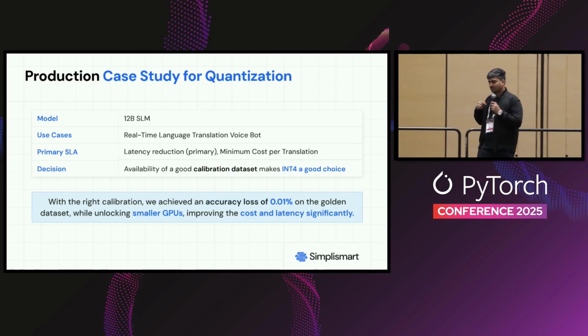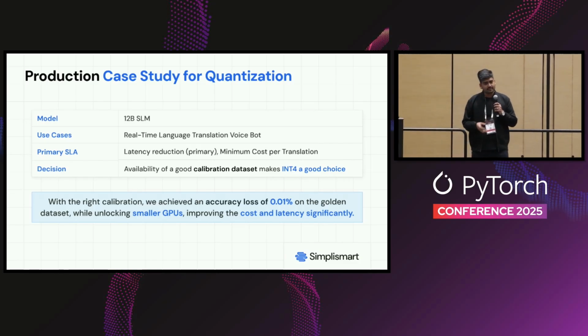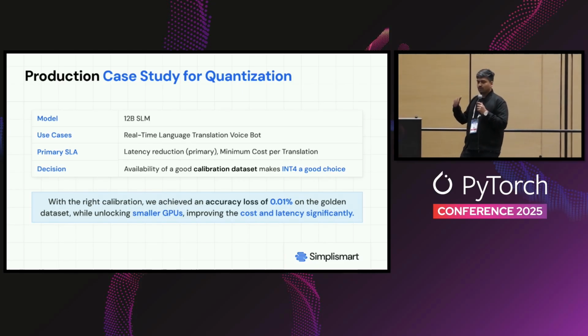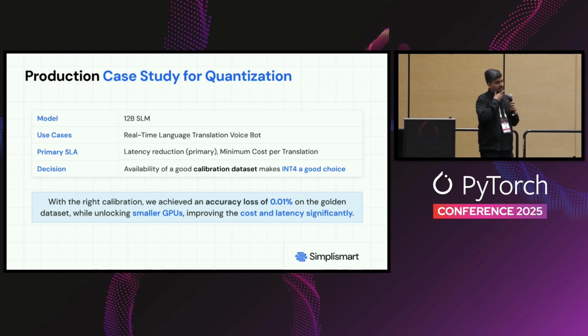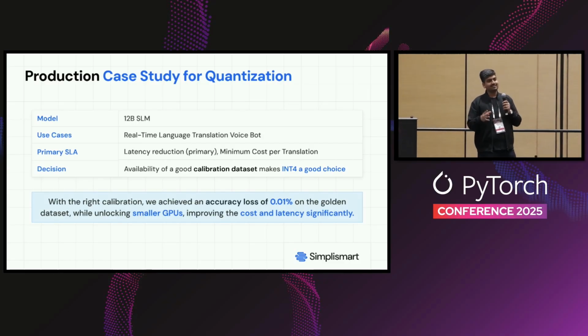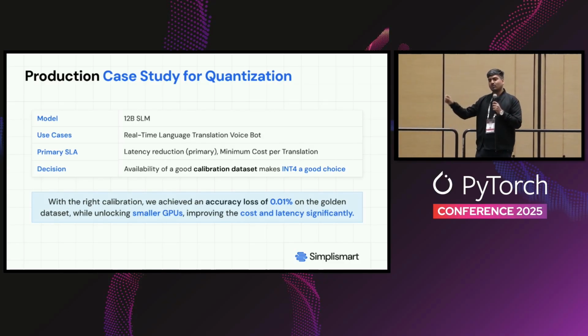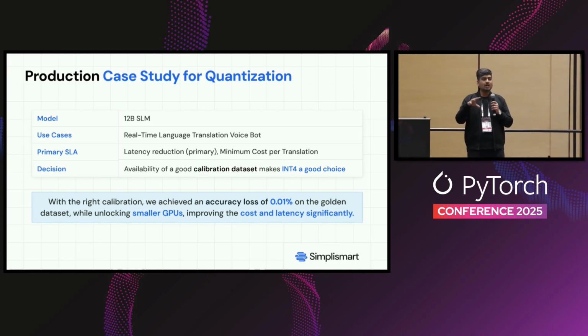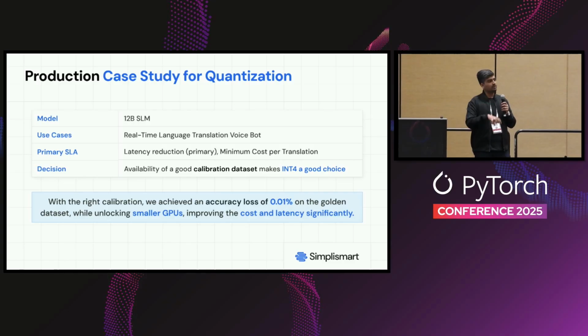Now, given that the model is decently sized, the task of translation is also fairly deterministic, and you can easily generate calibration data for this, right? Int4 made a lot of sense for us. With good calibration, we actually got the accuracy difference down to 0.01% of the baseline model. And we were able to unlock smaller GPUs with lower memory footprint that eventually ended up saving a significant amount of cost, right?